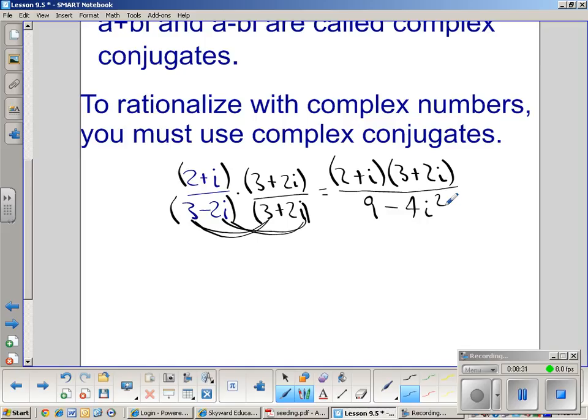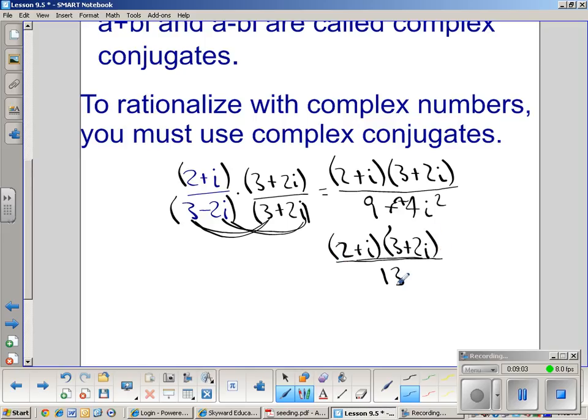Negative 1. So 4i squared becomes negative 4, so we end up with 9 minus a negative, which becomes plus the positive. So 13.